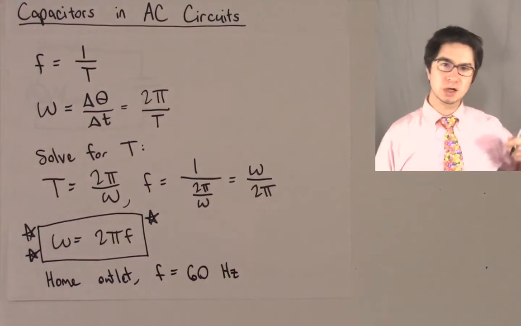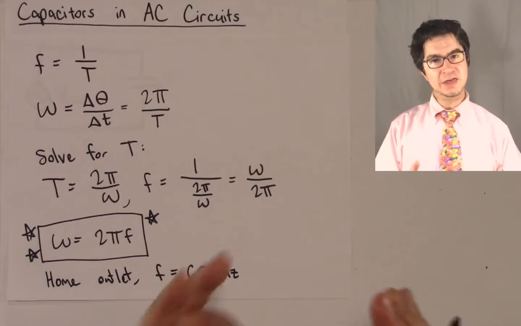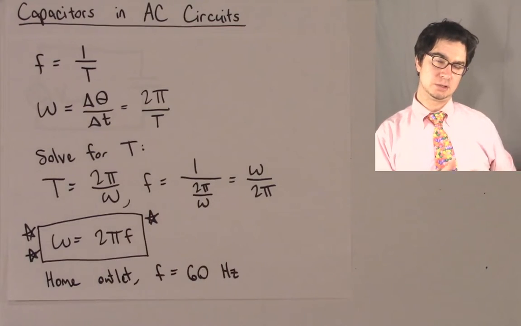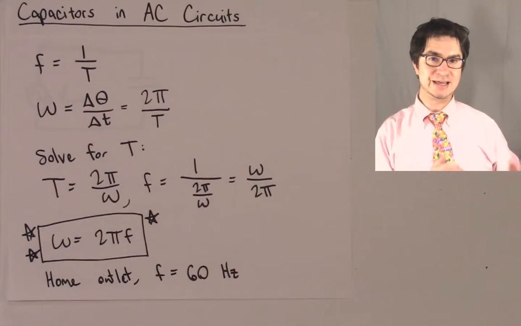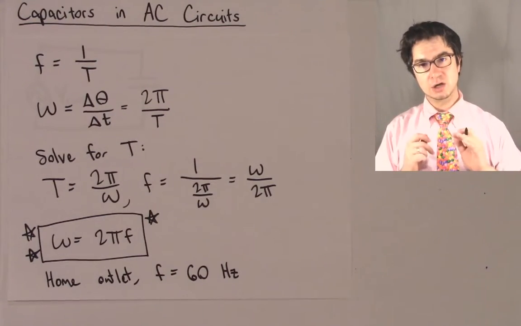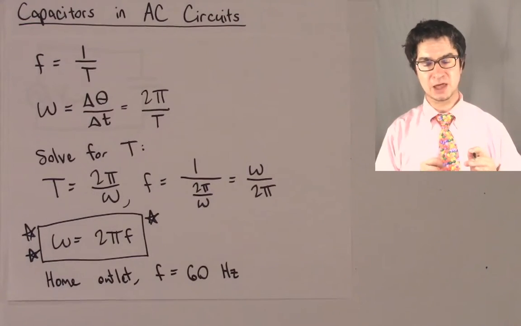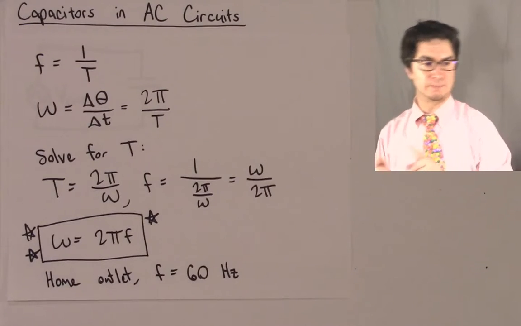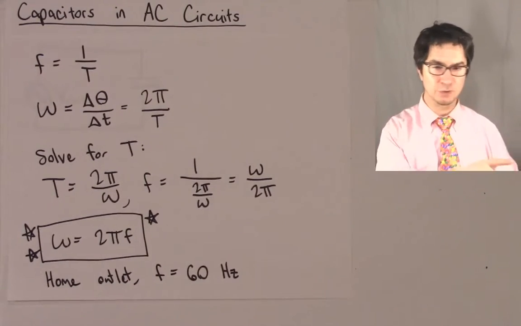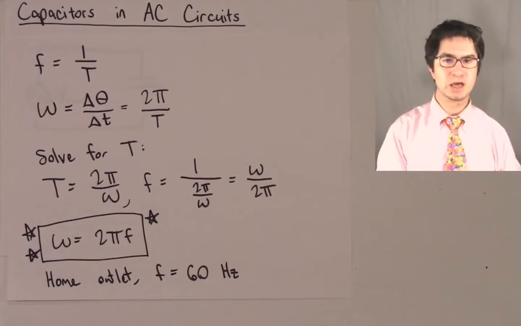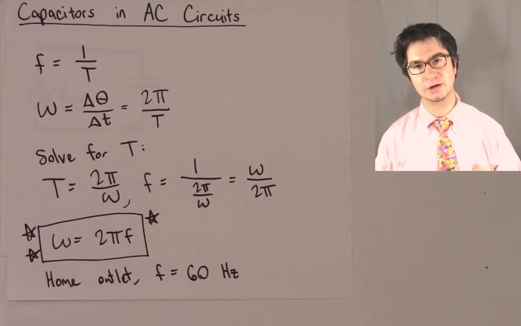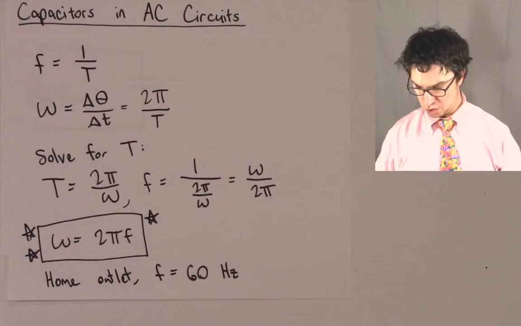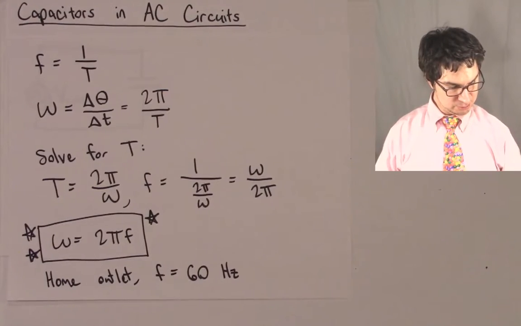So when you plug something into the wall, the frequency of that alternating current is changing 60 times a second. That means 60 times in a second, the current is changing from backwards to forwards. So imagine backward, forward, backward, forward. 60 times a second. That is the frequency of that oscillation. All right, so let's keep moving forward.